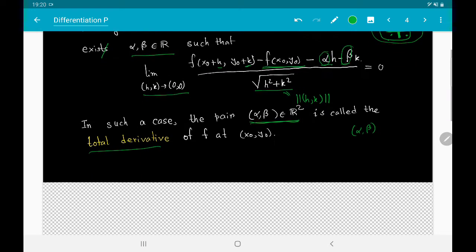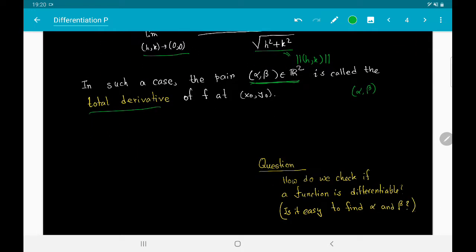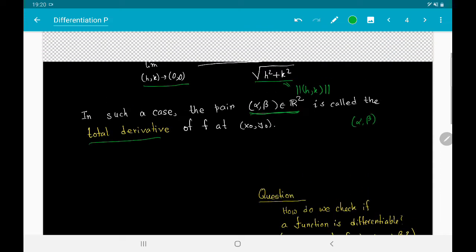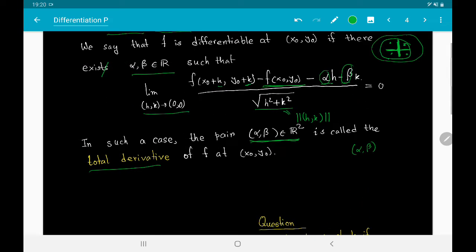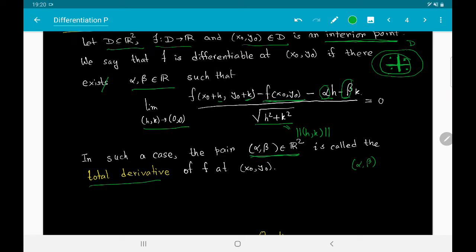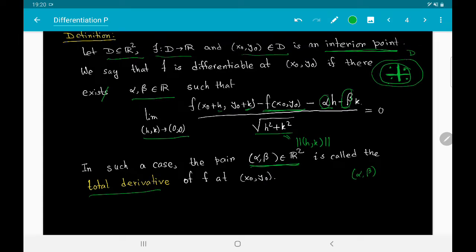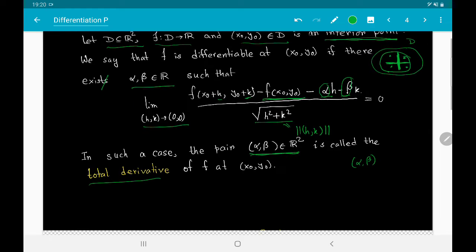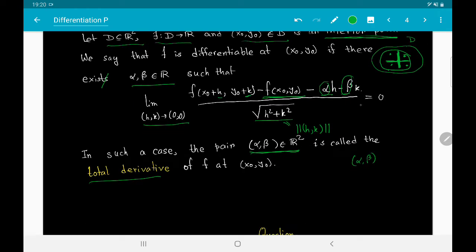But luckily, we can determine the alpha and beta, which I will tell you in a moment, and we will say that this function is not differentiable if the values of alpha and beta that we determine do not give us this limit equal to 0.